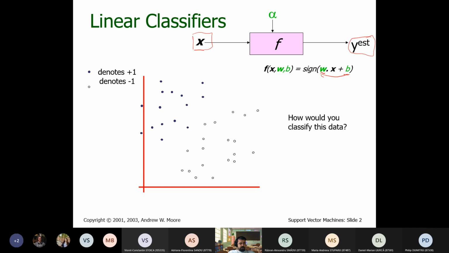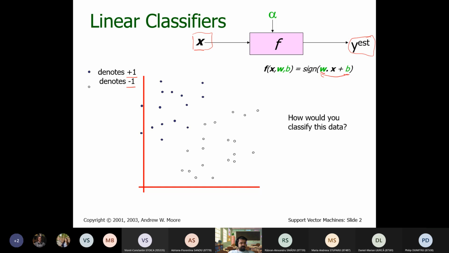And most of this lecture we will be talking only about classifiers with only two classes, and we'll denote them +1 and -1. Just like we did at the perceptron.